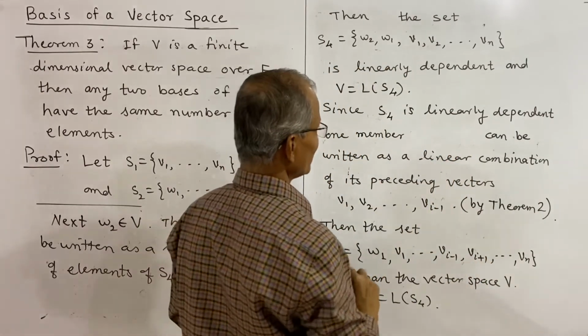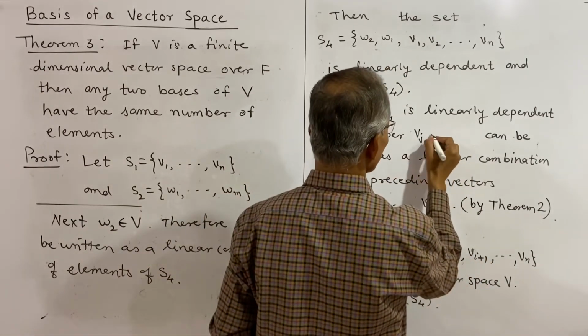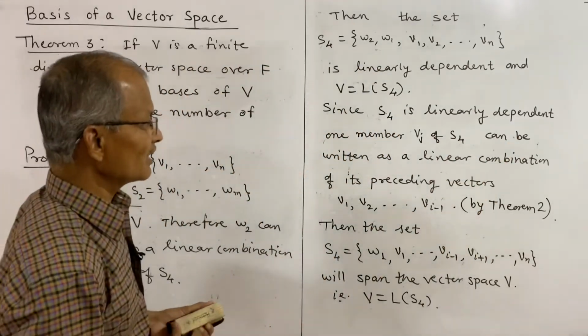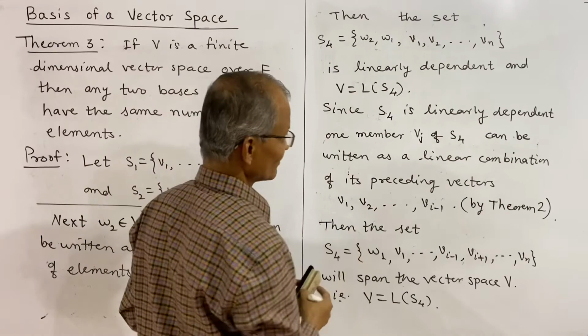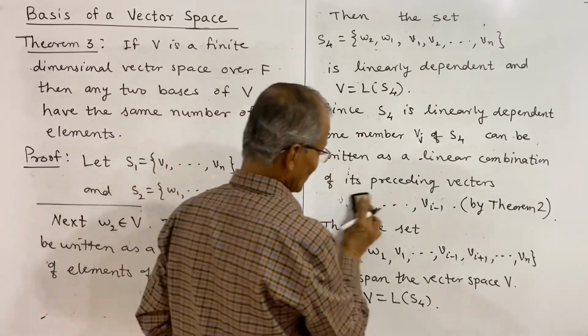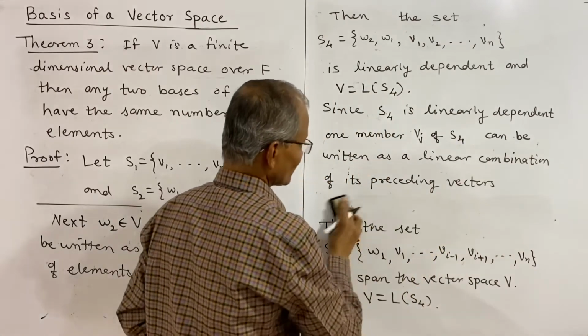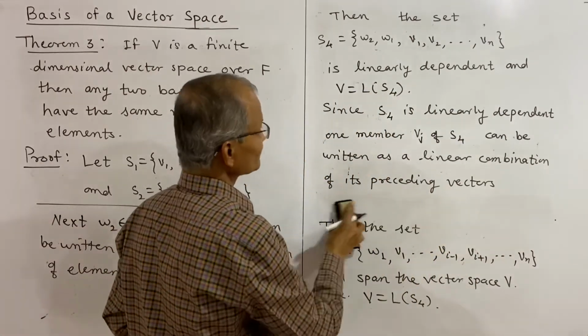One member Vj of S4 can be written as a linear combination of its preceding vectors, and then this process continues.